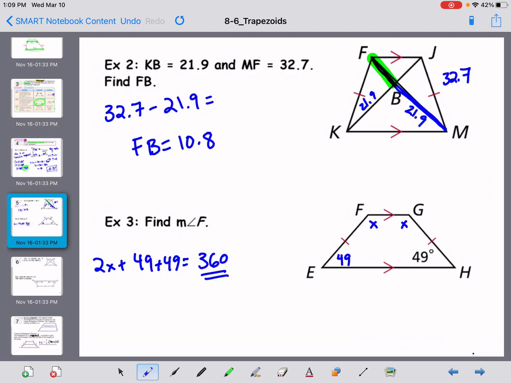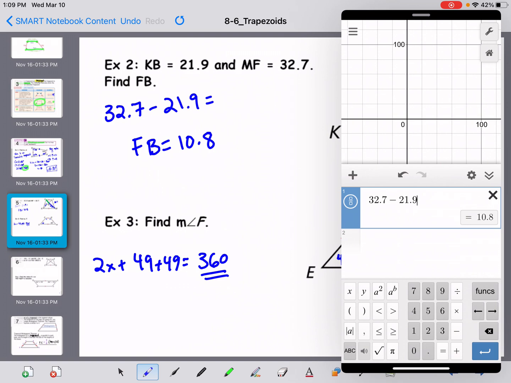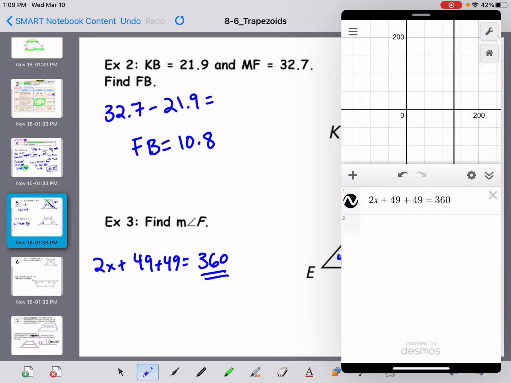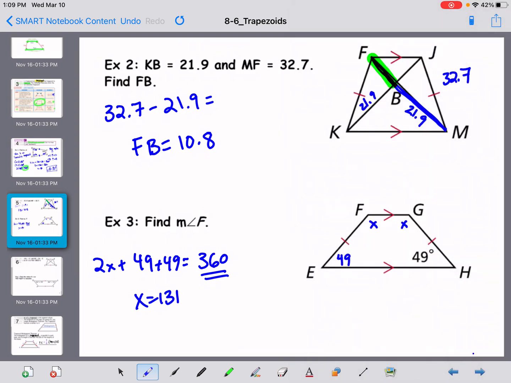It's still going to be 360, because that's what it was when I added them together the other time. So let me step back and look. 2x plus 49 equals 360. X will equal 131. So angle F would equal 131 degrees.